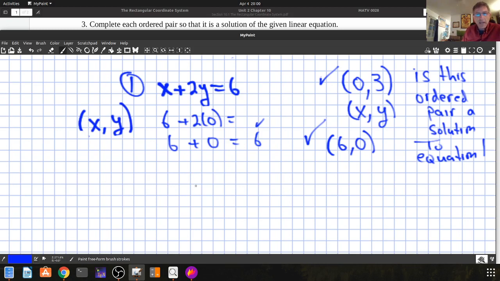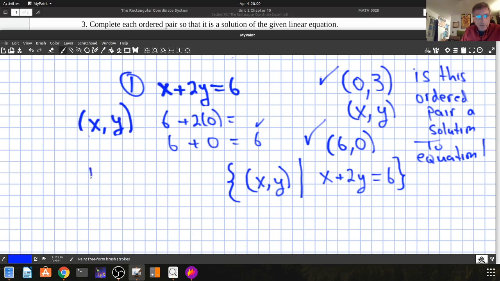As it turns out, if I make a set of all of the ordered pairs x, y, such that x plus 2y is equal to 6, and I plot or graph all of those ordered pairs, I'm literally going to get a line.